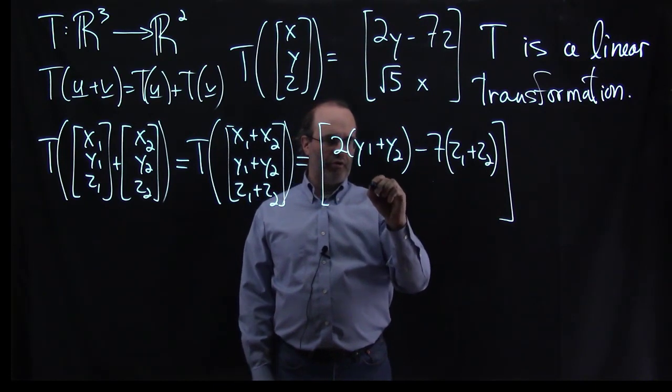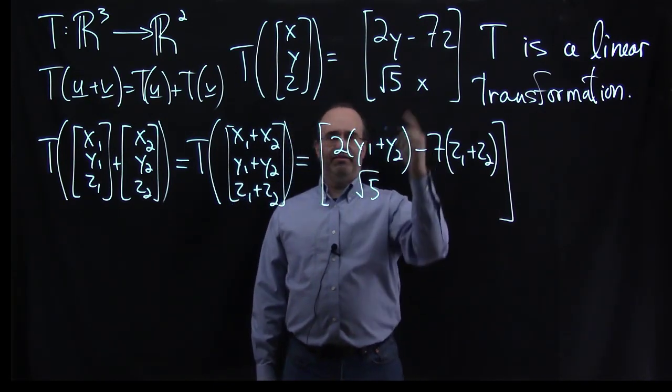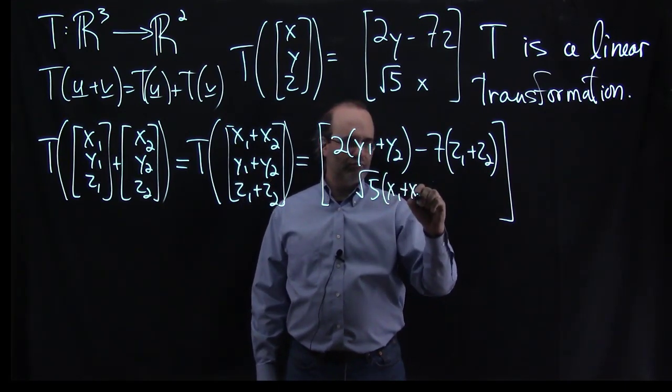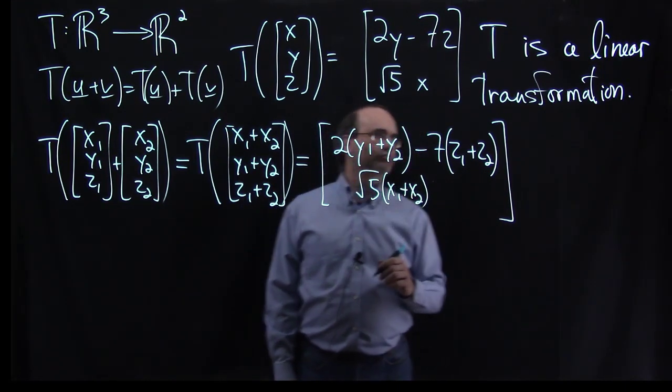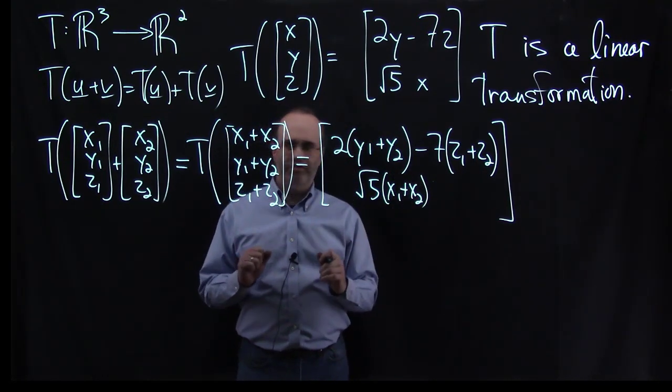And then the second component is square root of 5 times x, which is x1 plus x2. So I got this.